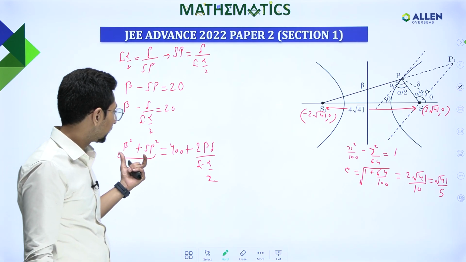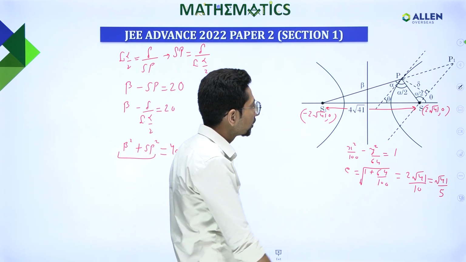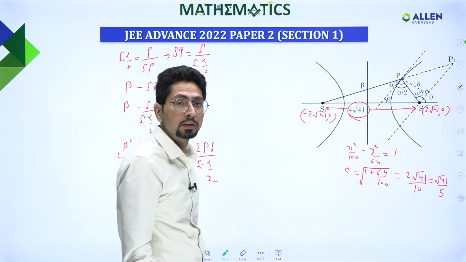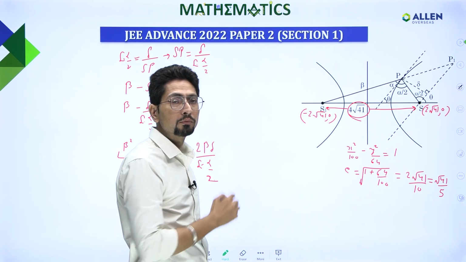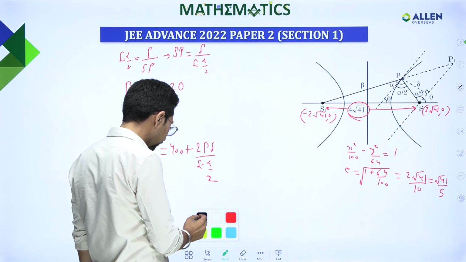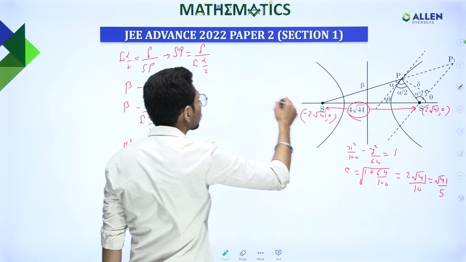So how can I create this part? Is any other equation required here? What equation can be applied? As we have written here, 4 root 41 is the entire distance. So in the triangle SPS1, we can apply the cosine formula. The cosine formula gives me cos alpha, this entire angle alpha between SP and S1P.